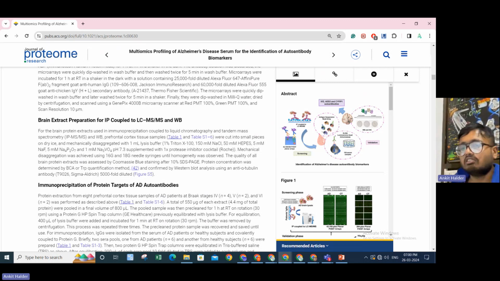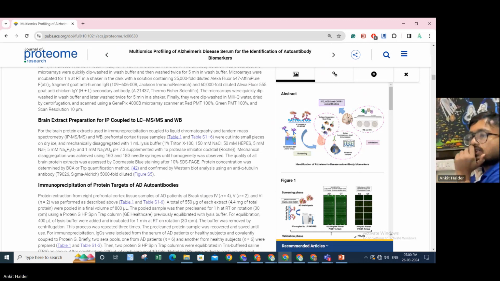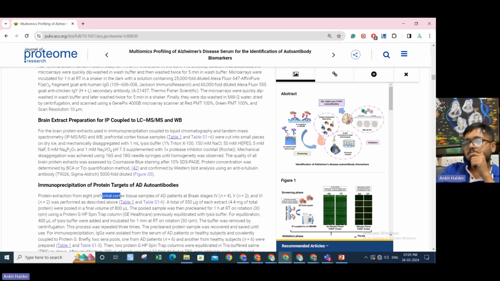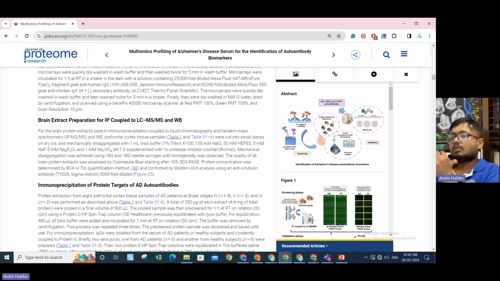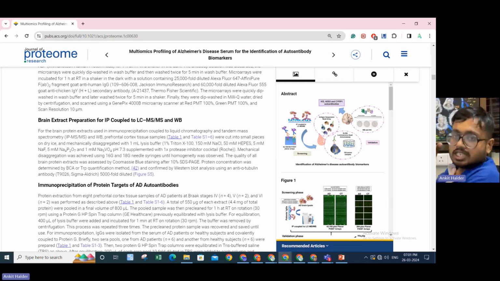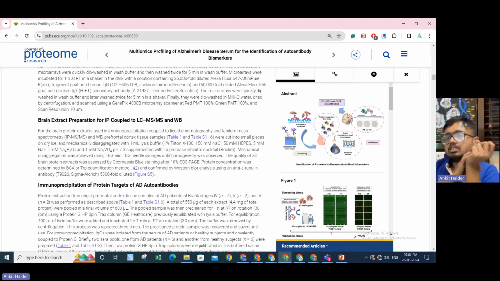Right. So now, immunoprecipitation of protein targets of AD autoantibodies. Protein extraction from 8 prefrontal cortex tissue samples of AD patients was performed, and a total of 550 microgram of each extract was pooled in a final volume of 800 microliter.